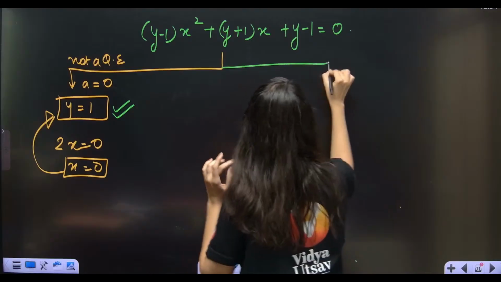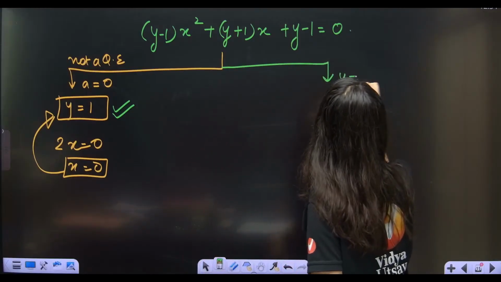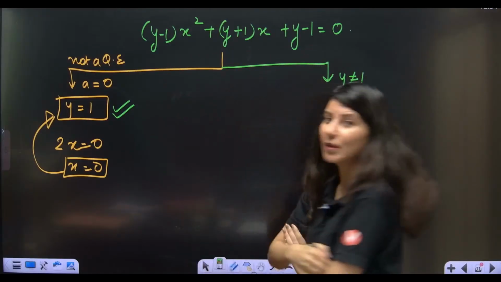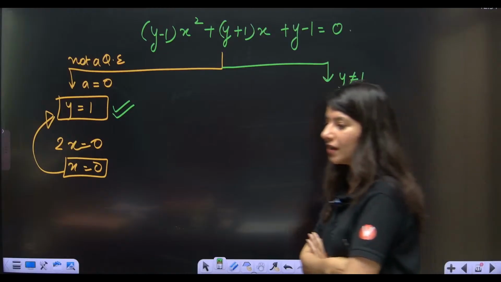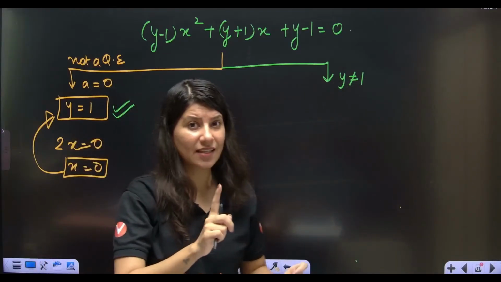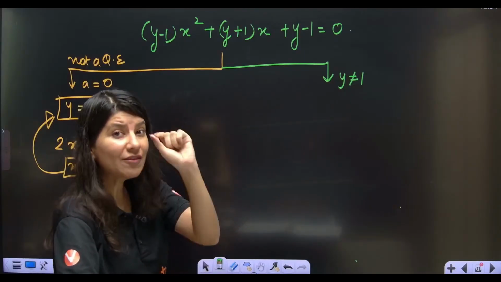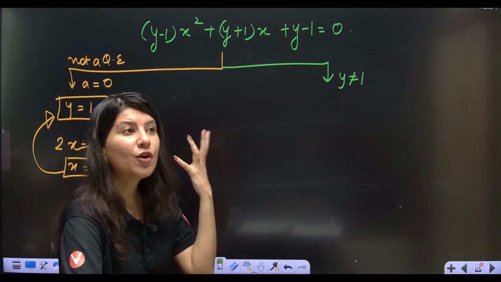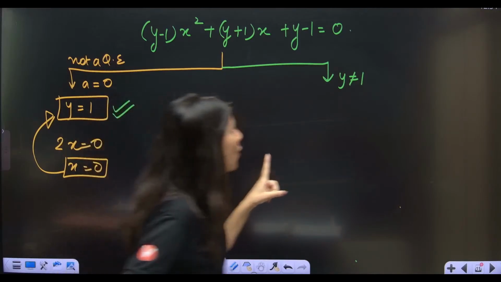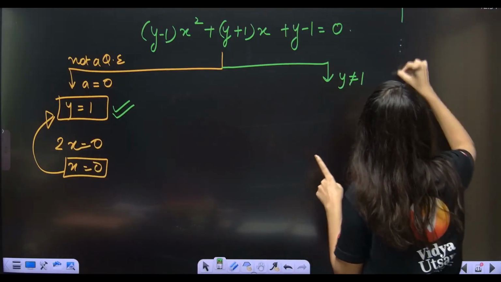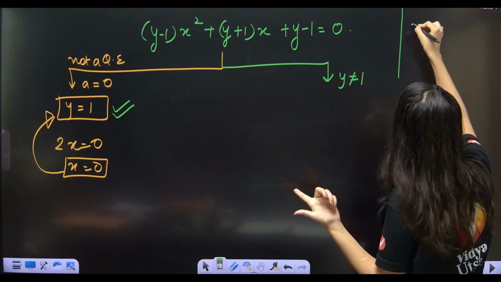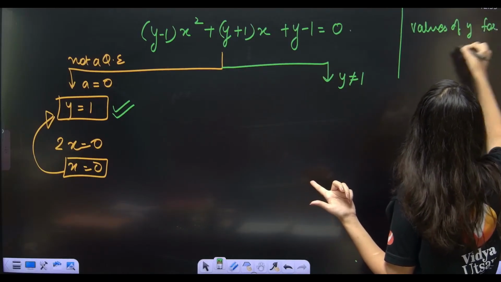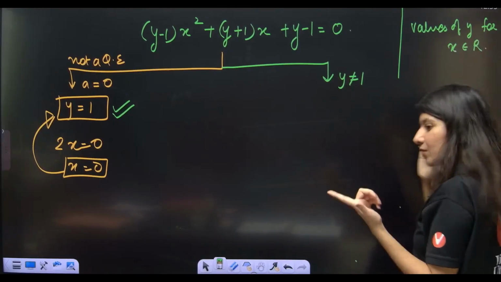Now, let's talk about the second thing, which is what if y is not equals to 1? If y is not equals to 1, ma'am, then this is a quadratic equation. Now understand this nicely: what to do over here and why exactly you are doing it. First of all, you are looking for the range, which means values of y for x belonging to all real values.